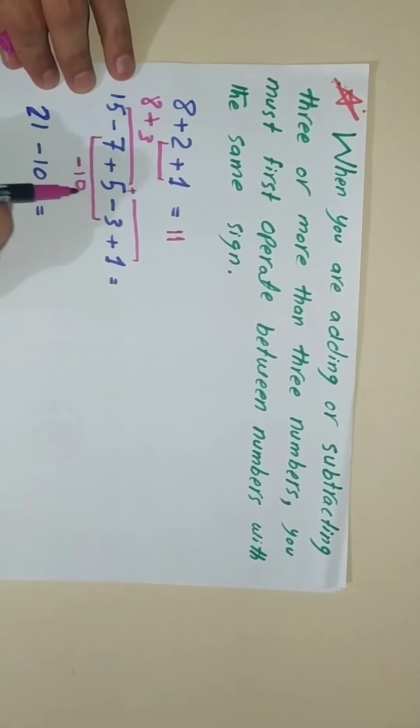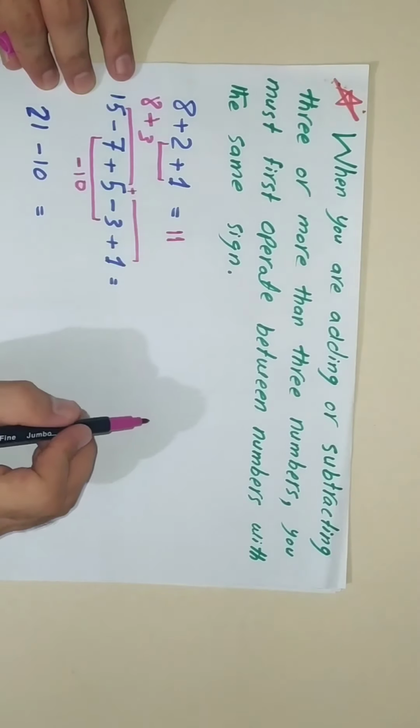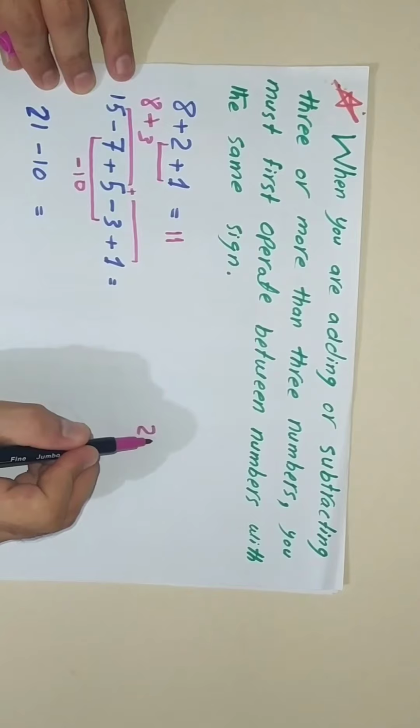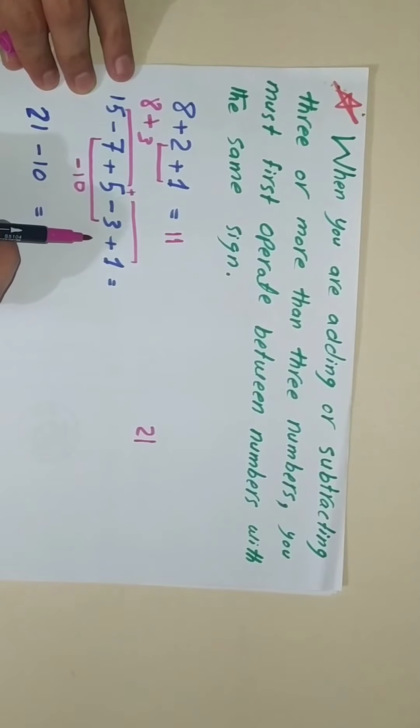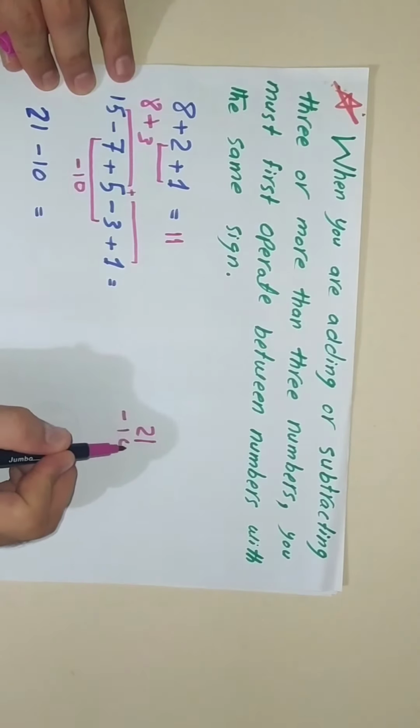So first I have to add these 3 numbers. They will make 21, and then I add these both numbers, because we have to operate first with the same signs. So minus 7, minus 3, minus 10.